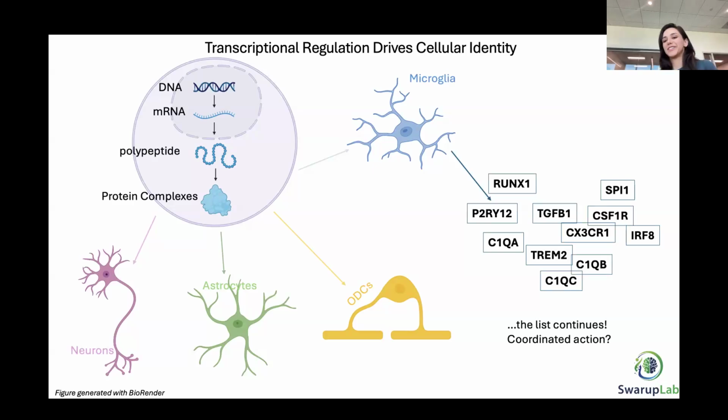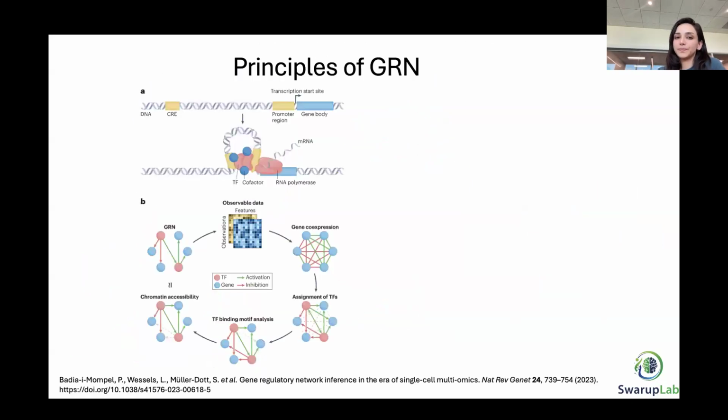So many genes are involved in determining a cell type specific program or other types of programs. But another important thing is these genes do not act independently. They're acting together. So how can we know how they affect each other, or how they are coordinated together?